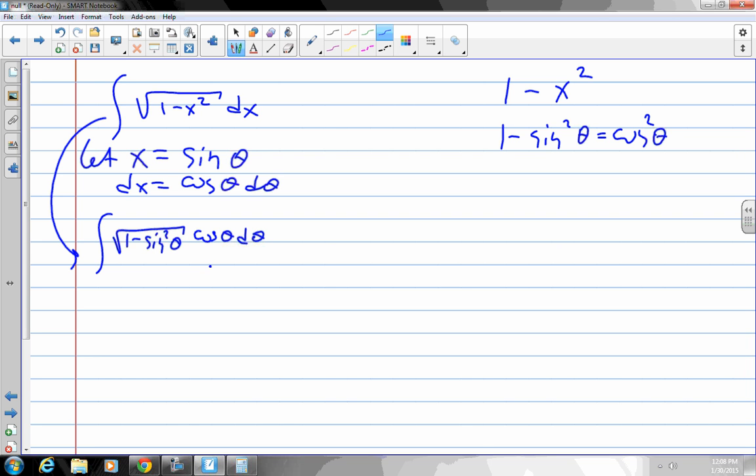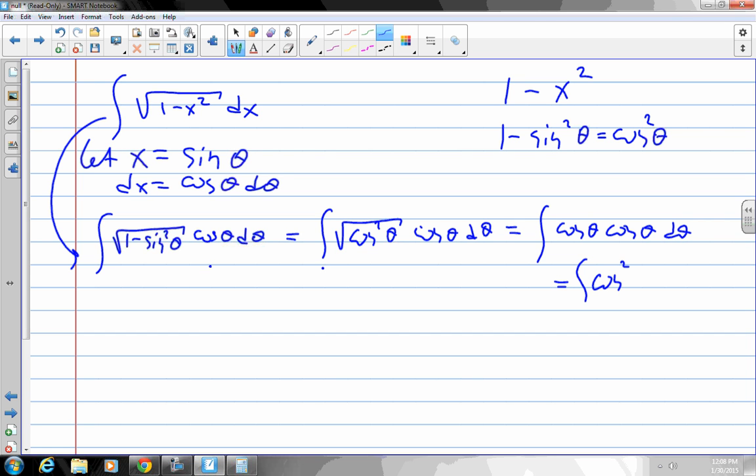But 1 minus sine squared becomes cosine squared, and you have cosine theta on the outside, so it becomes cosine squared theta, right? And now this one is hard to integrate. We did sine squared on day 1. We didn't do cosine squared.